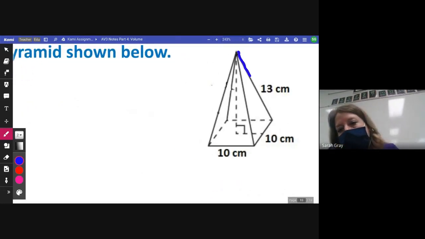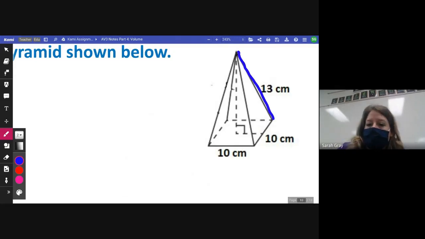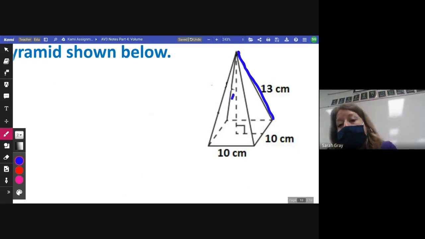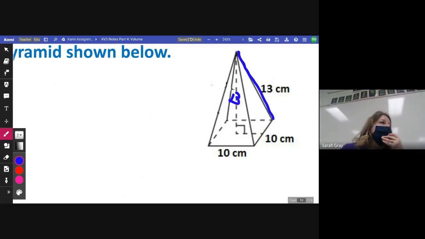To me, it looks like it's that side. Which makes this a much more difficult problem. If it were just the height, if it was labeled in here, I would just multiply by 13 and we'd move on. But if that height is 13, we have to find the vertical height.